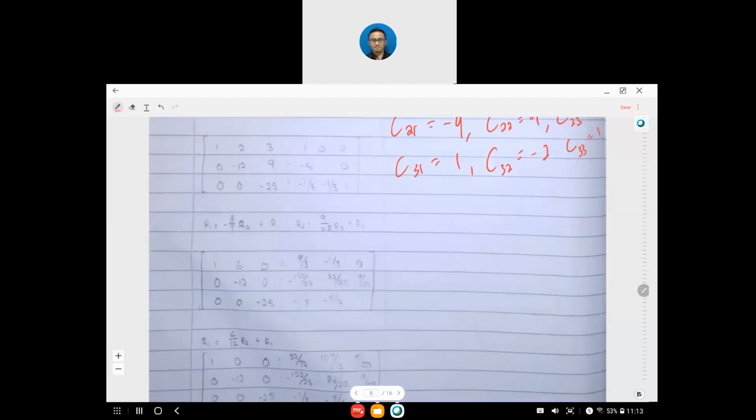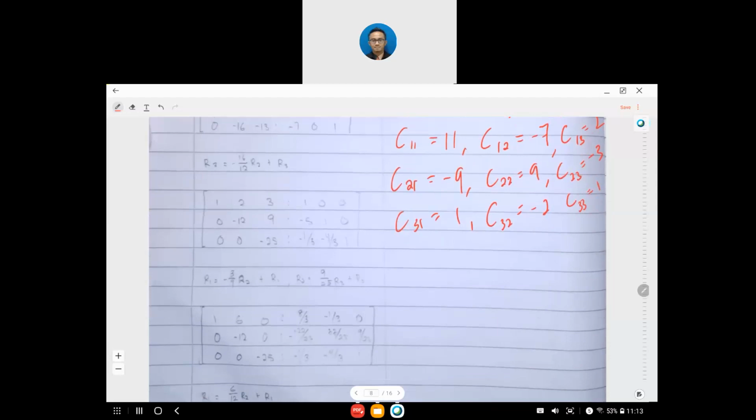Okay. And then you can find the determinant of matrix A equal to 3. You check. And then the adjoint of matrix A equals the cofactor transpose. When you transpose, you can get 11, negative 9, 1, and then negative 7, 9, negative 2, and then 2, negative 3, 1.